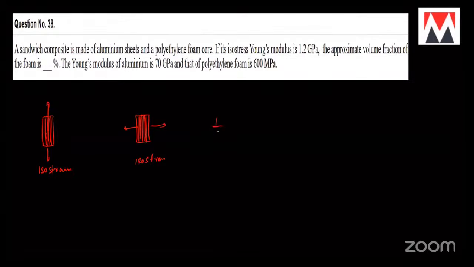So you have 1 by E is equal to Vf by Ef plus Vm by Em. So you have 1 by 1.2, 1.2 into 10 power 9, you can take 1.2 gigapascals. What is this fraction? You don't know. What fraction do you want to find? Fraction of foam, polyethylene foam core. So aluminum sheets is the matrix.